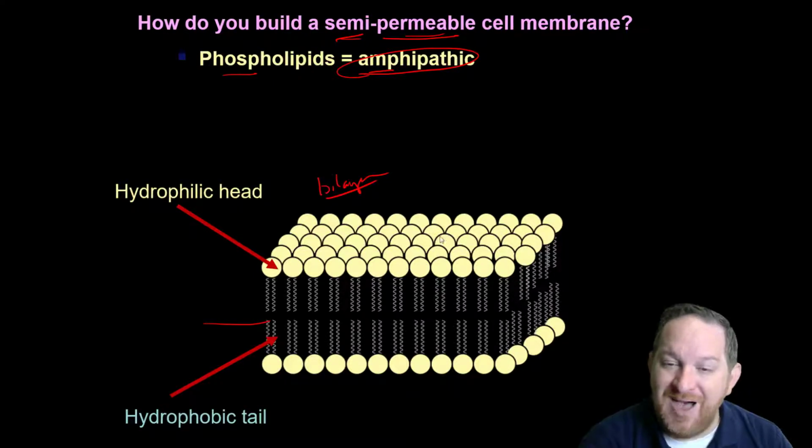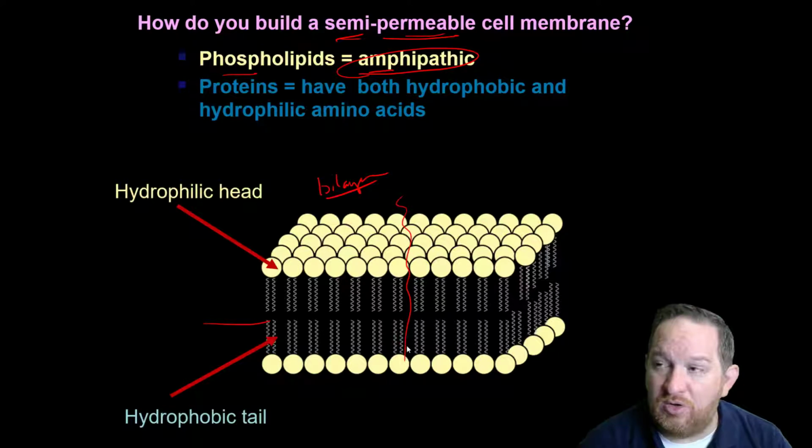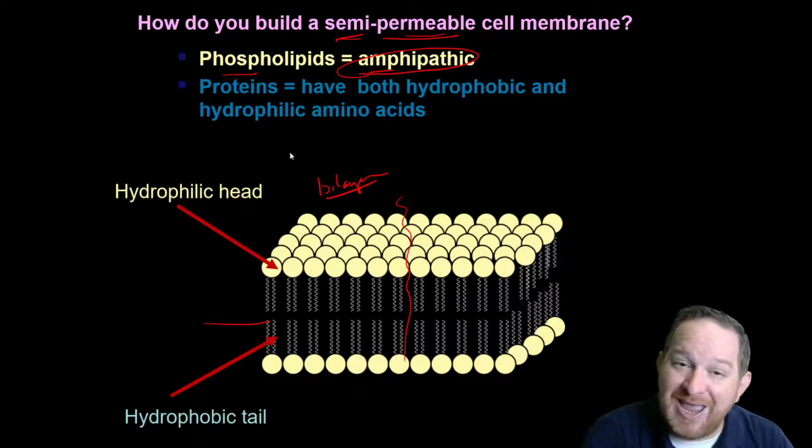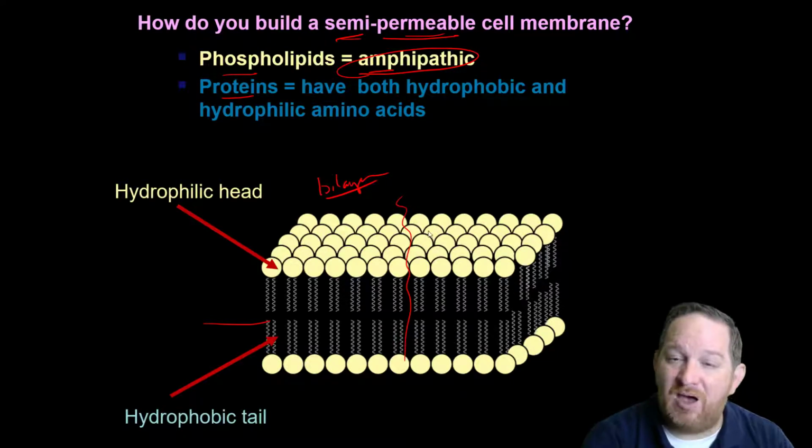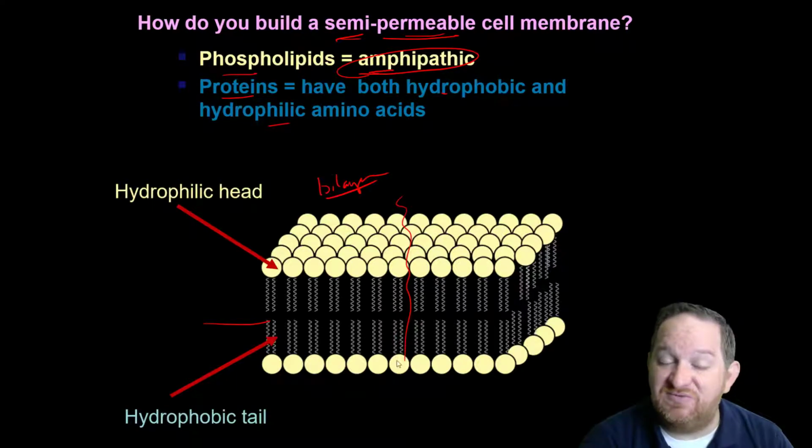So this is going to let a few things through, like we talked about. But we need these other proteins or channels to help us out, because proteins can also be amphipathic, having a hydrophobic and a hydrophilic part. They'll be able to traverse this bilayer.